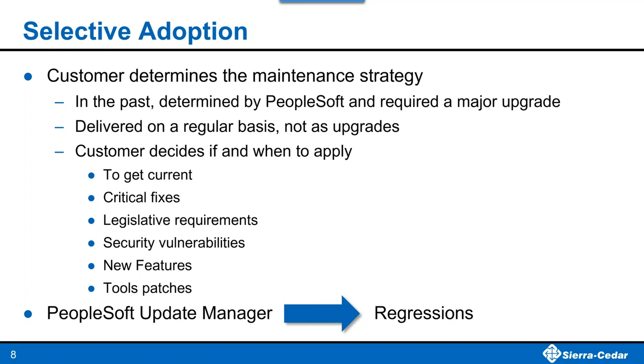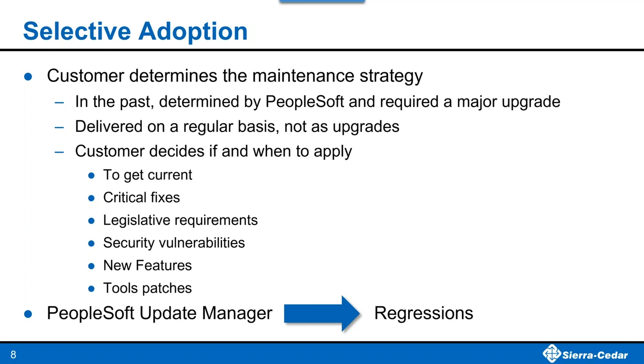And everything's going to be delivered on a regular basis in these update management packages, but not as upgrades. And you can decide if and when to apply to get current. Sometimes you have to, with critical fixes or legislative requirements and security vulnerabilities. New features and tools patches, determine whether those features are important to the organization now or perhaps later.